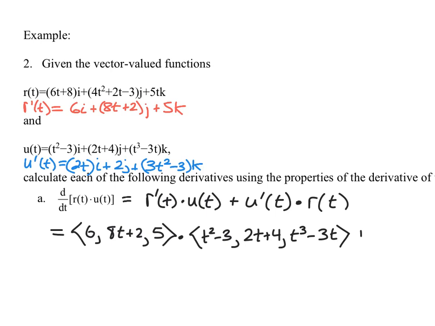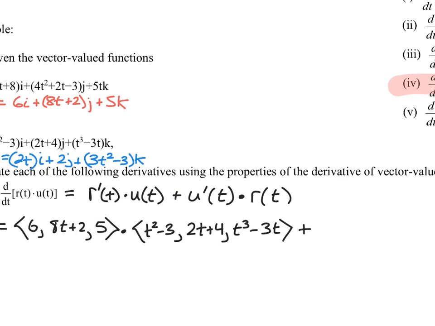All right, so that's the first piece. We've got to dot those together. And then after that, we've got to dot u prime against r.